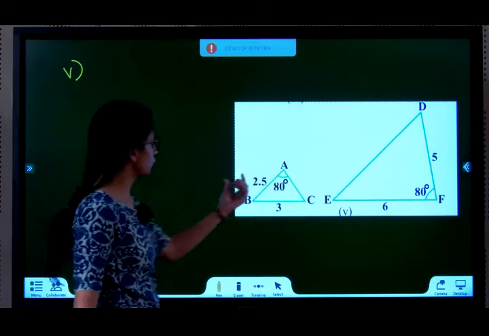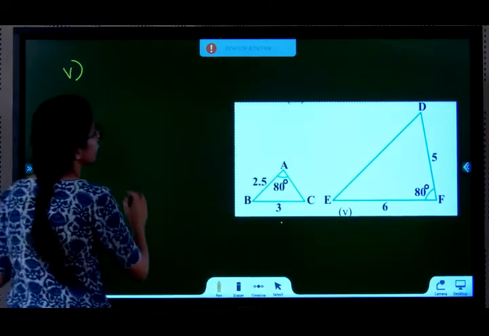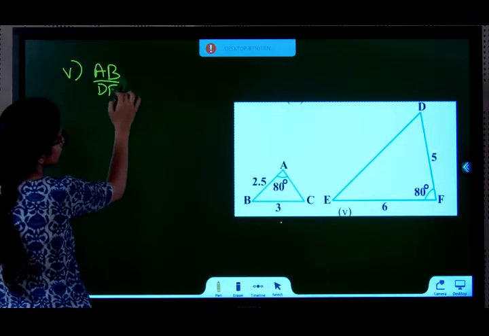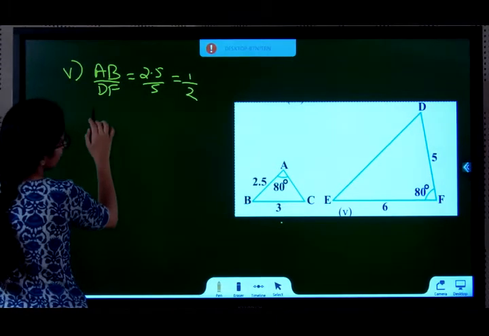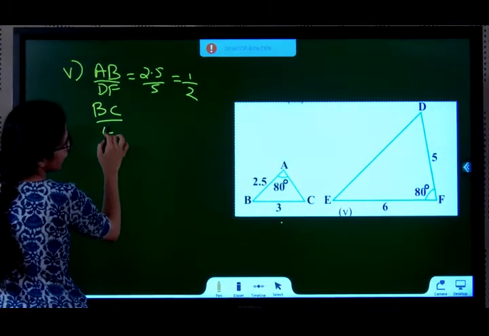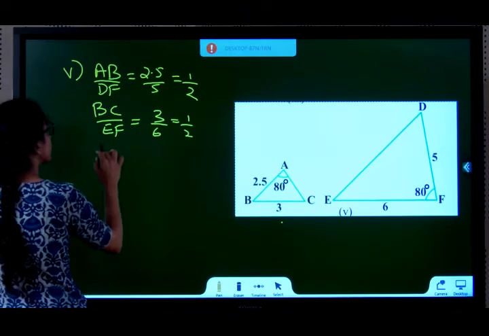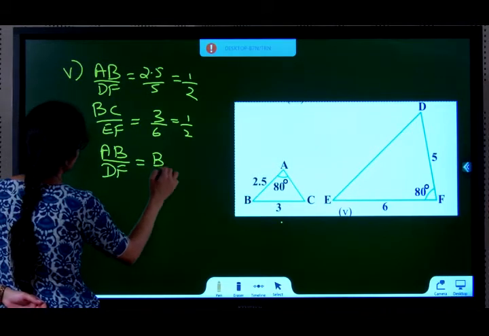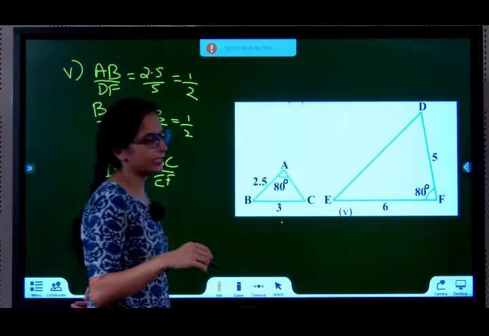So in this figure, 2.5 twos are 5, 3 twos are 6. So we get AB by DF, 2.5 by 5, 1 by 2. We get BC by EF, 3 by 6, which is 1 by 2. So we get AB by DF is equal to BC by EF. But we want the including angle to be equal too.